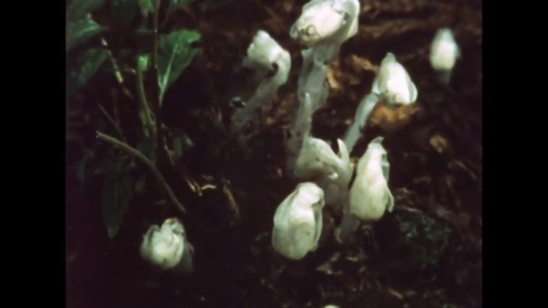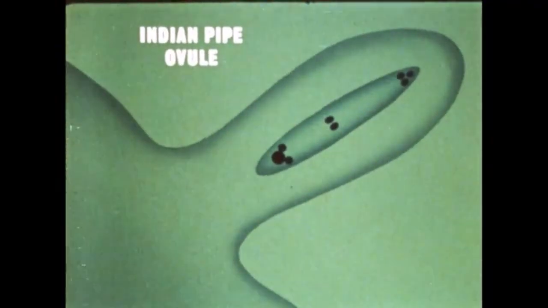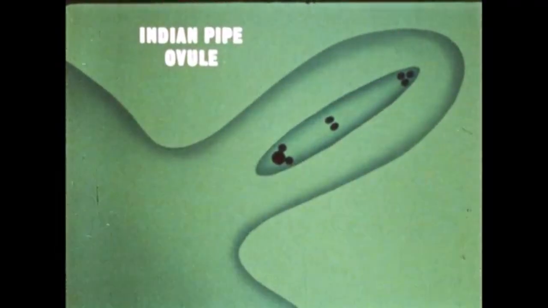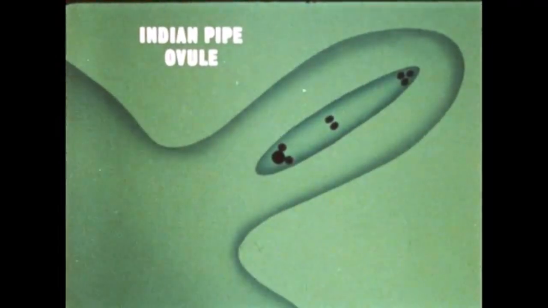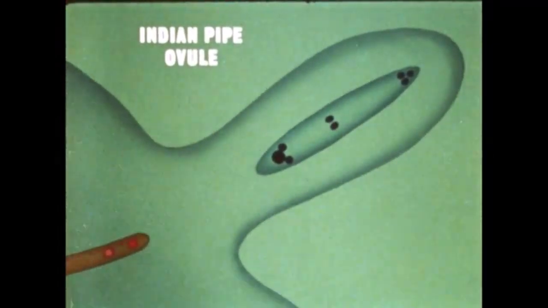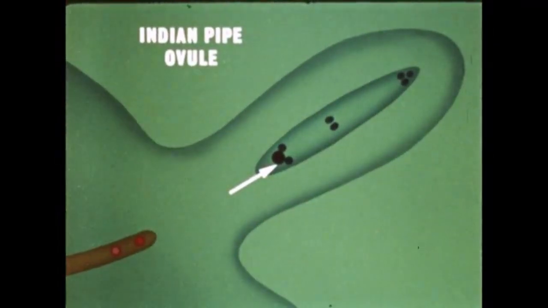The Indian pipe flower has an ovary which enables us to see this stage of reproduction easily. There are a number of nuclei in the embryo sac of the Indian pipe ovule. We need to consider only the egg nucleus and one of the sperm nuclei in the pollen tube.